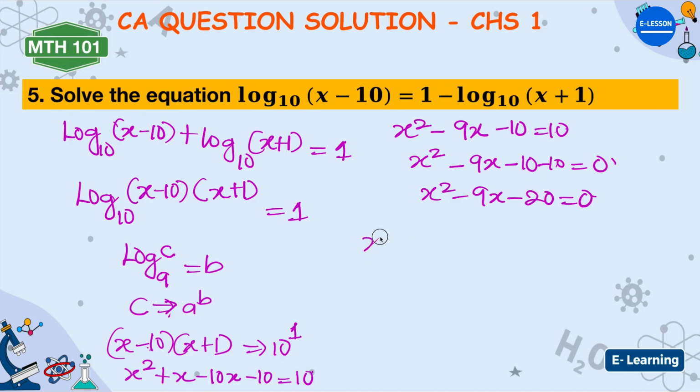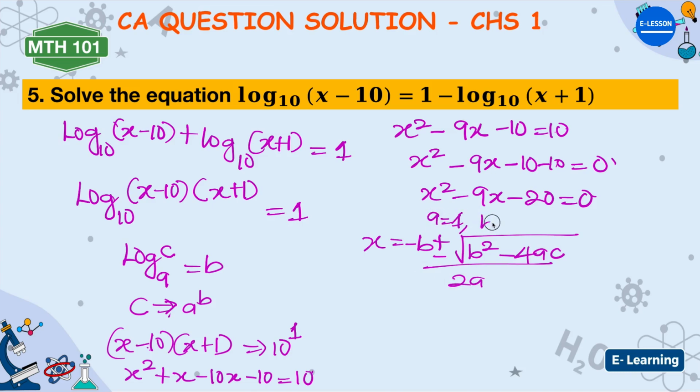You can use the quadratic formula, minus b plus or minus the square root of b squared minus 4ac all over 2a, to solve. Now, looking at this equation, our a is 1, our b is minus 9, our c is minus 20. Is that okay? So put them into this equation.